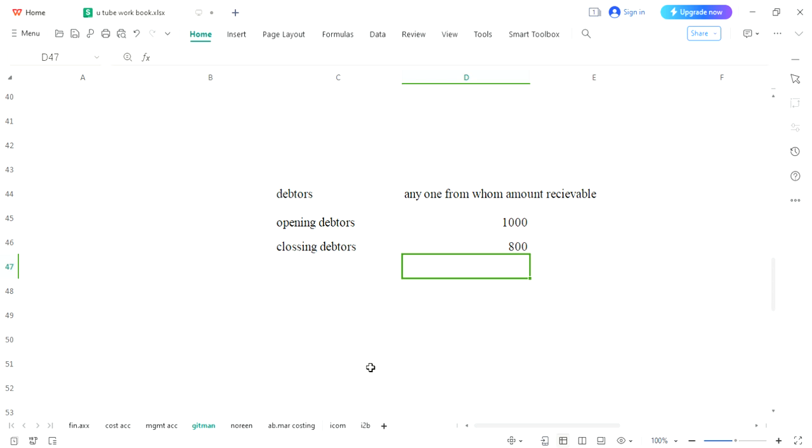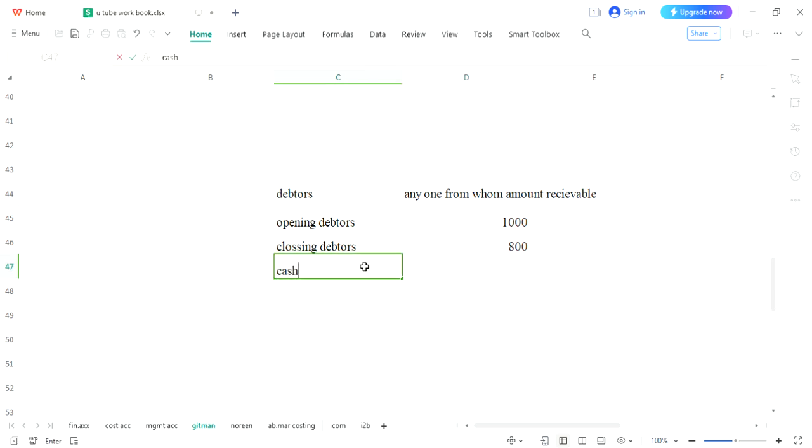So now let me know how much cash is present in your hand. Or it may be possible you have lost your cash. Both possibilities are present. Please let me know how much cash is present at the end of the period.